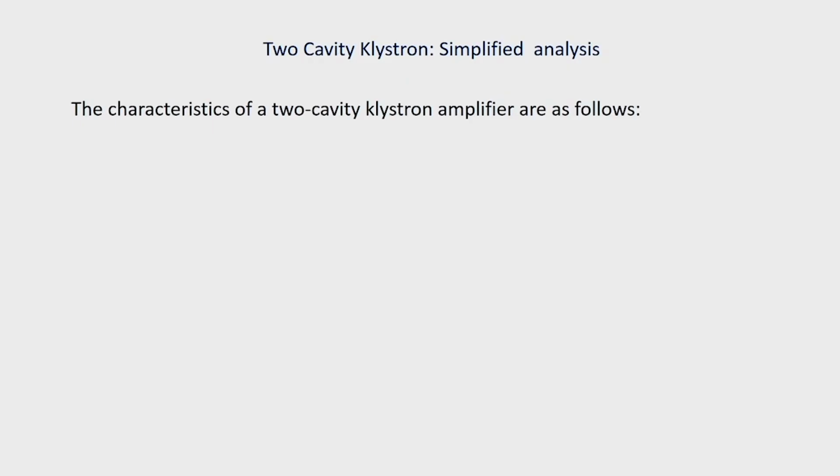Let us now discuss some features of the two cavity klystron, and also do some simplified analysis of this type of klystron device. The main characteristics of a two cavity klystron amplifier are as follows.